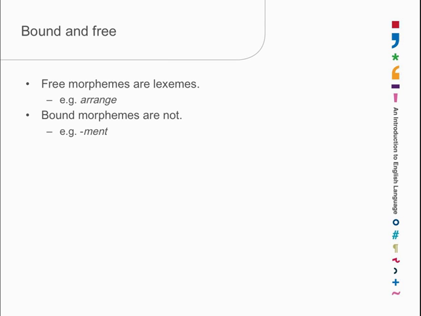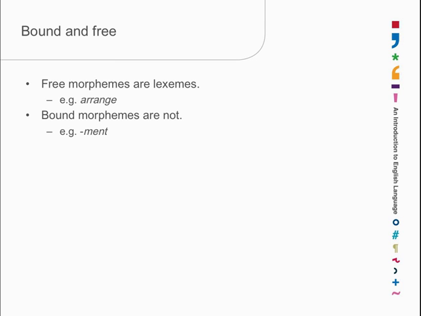The reason for that is that bound morphemes have attachment properties, and those attachment properties are in the nature of a little hook that says I must hook onto something, in the case of -ment, something on my left. Well, if we hook it up to arrange, we get arrangement. We don't get ment-arrange.